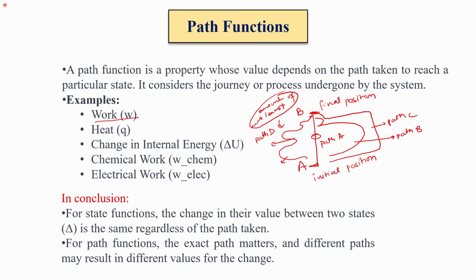We can see that this path A will take the minimum energy, while this is the longer path, so it will take a higher amount of work to reach that position. In this way, work is called a path function because it depends on the path followed, not on the initial or final state.